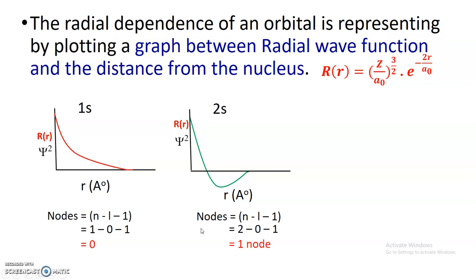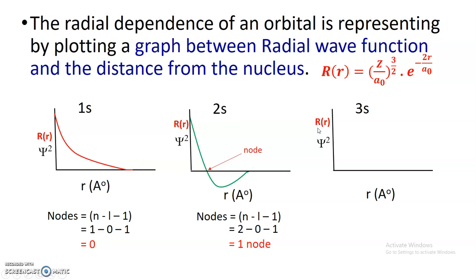So here number of nodes is again n minus l minus 1, n is 2 for 2s orbital, principal quantum number is 2, azimuthal quantum number is 0. So 2 minus 0 minus 1, that is equal to 1 node, and therefore for 2s orbital there is 1 node, and this point at which this line crosses the x-axis is the node of 2s orbital.